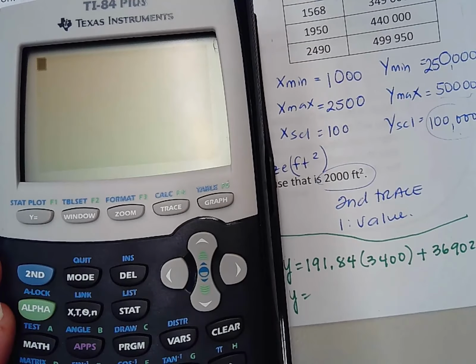Okay, let's enter all these numbers. 191.84.